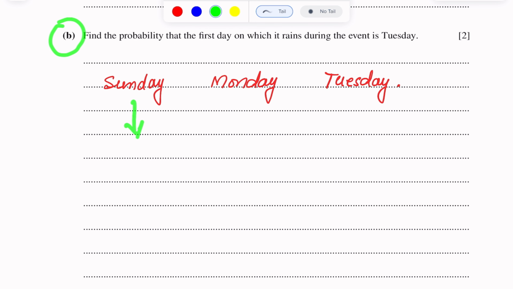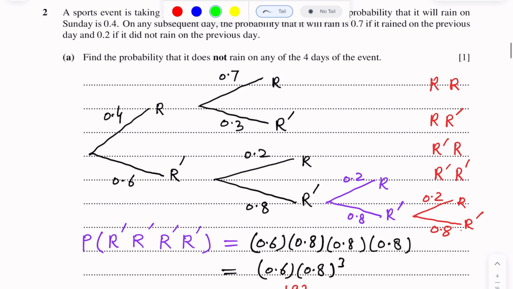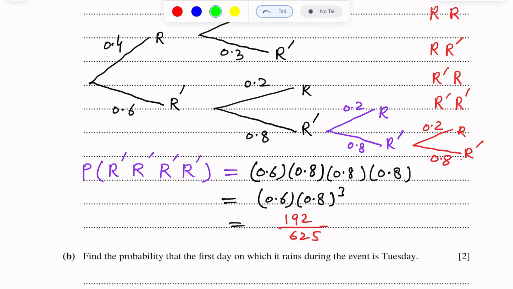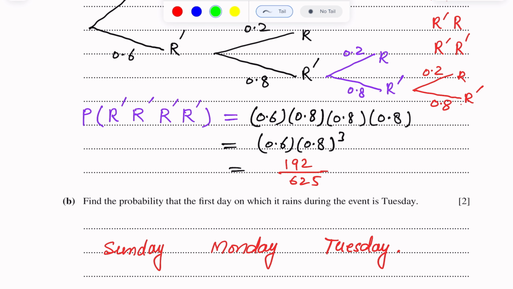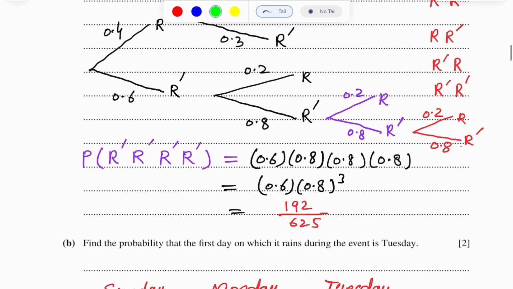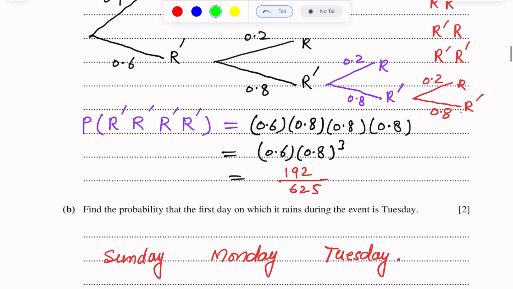Sunday not raining, Monday not raining, Tuesday raining. Sunday not raining probability is 0.6. Monday not raining probability is 0.8. Tuesday raining the probability is 0.2.